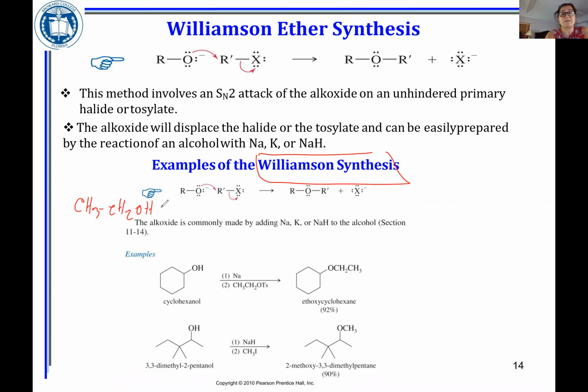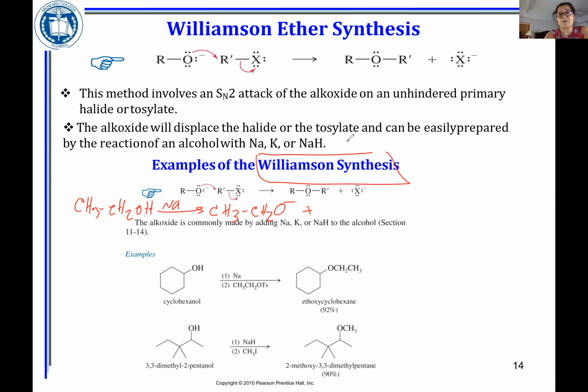You make it react with a strong base, either sodium or potassium, and that will change to alkoxide. Basically, this strong base is going to remove a hydrogen, so it's going to change to CH3CH2O minus. You have a strong base, at the same time a strong nucleophile, then it can react with alkyl halide.